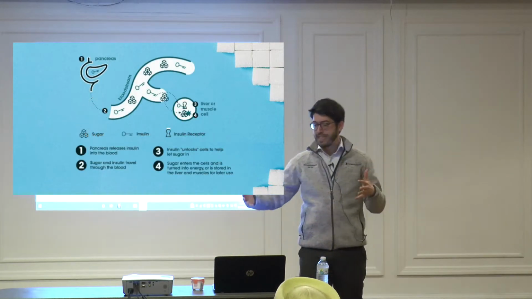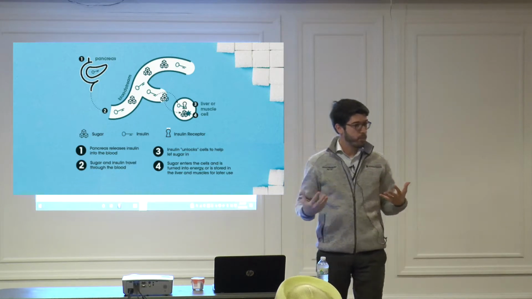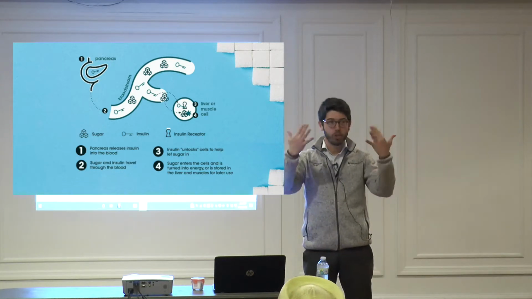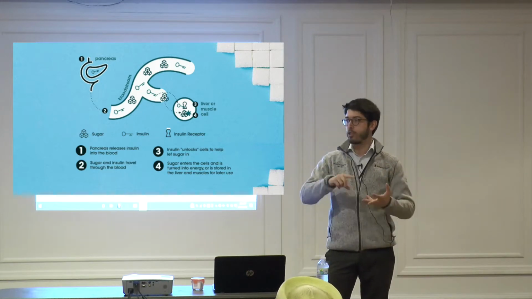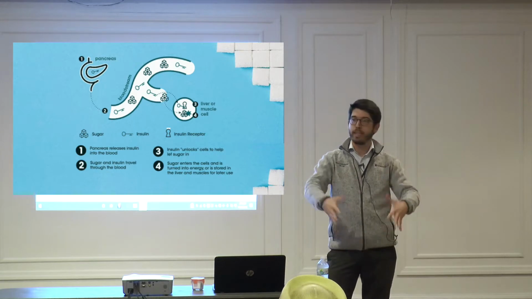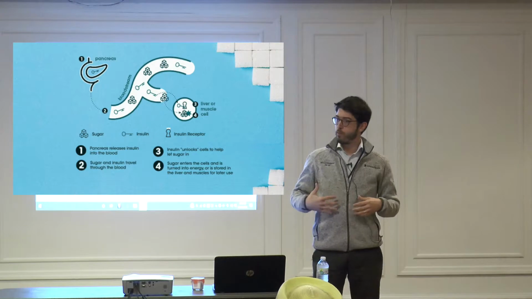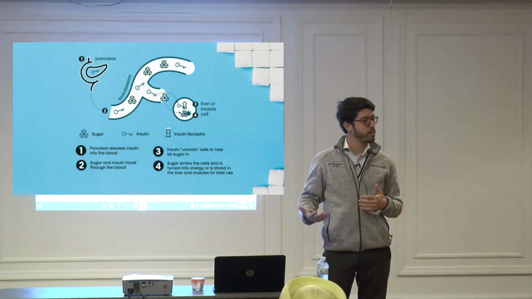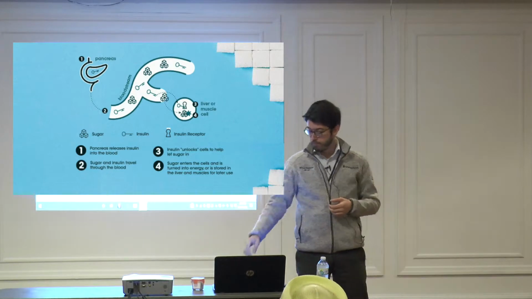So a little more detail on how this all works. First, when you eat something, anything, that sugar makes its way into your bloodstream via your digestive tract, so your stomach and your small bowel and all of your digestive tract. The whole point is to get those nutrients into your blood. When you do that, your pancreas, one of your organs, senses that increase in blood sugar and releases the hormone called insulin.